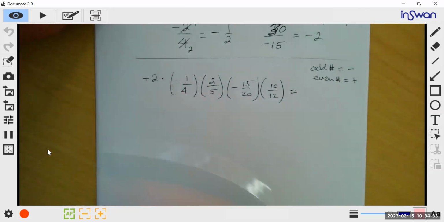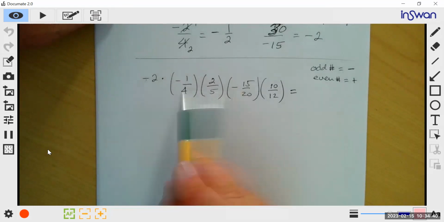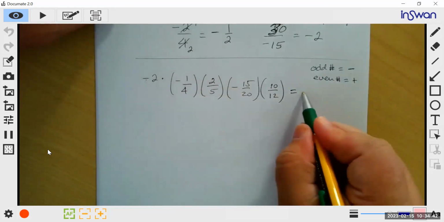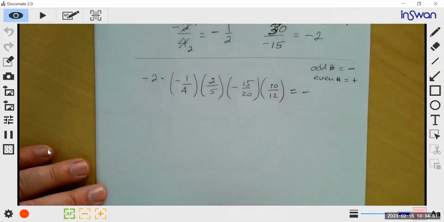So if you have a series of numbers with different signs, just count them. Negative, negative, negative. There's 3 of them. That means the answer is going to be negative. Now I don't have to worry about the signs anymore. Now all I have to do is worry about the numbers.